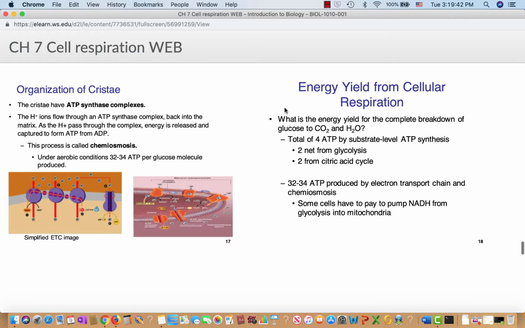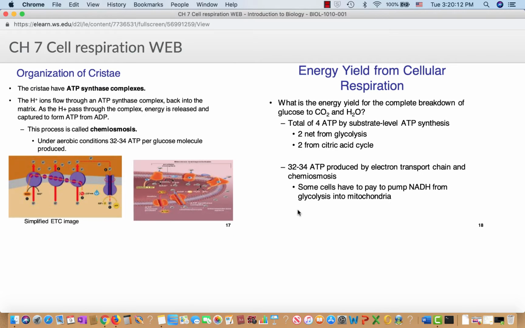So the total yield from cellular respiration: you get 4 ATP by substrate level phosphorylation, 2 net from glycolysis, 2 from the citric acid cycle, and then you go to the electron transport chain, you get 32 to 34 ATP produced by the electron transport chain and chemiosmosis here.